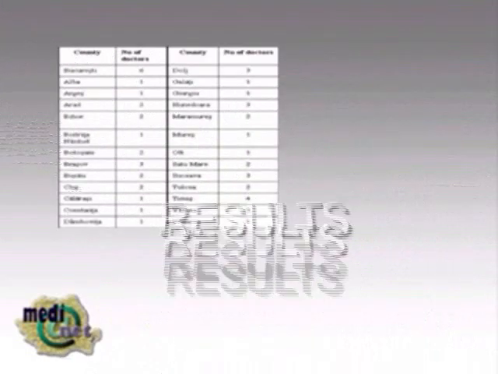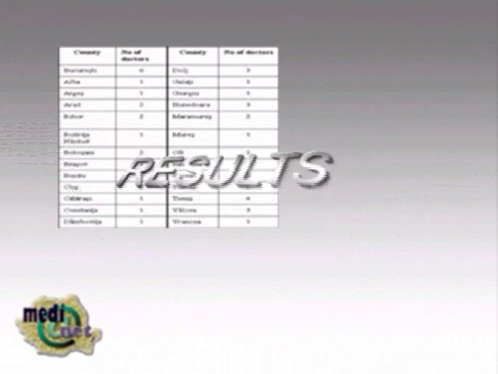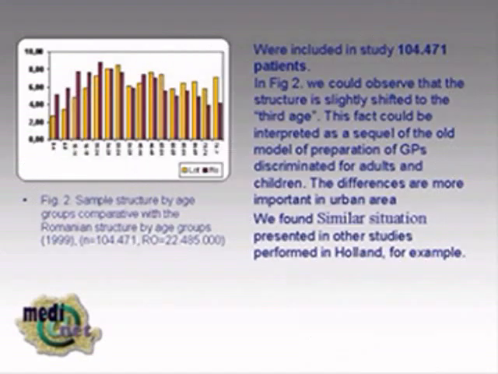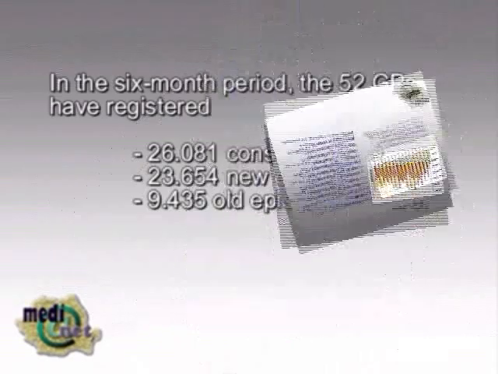As results, here you can see the distribution by counties of the GPs included in this statistical analysis. More than 100,000 patients were included in the study. In figure 2 we can observe that the structure is slightly shifted to the third age. This fact could be interpreted as a sequel of the old model of education of general practitioners, which discriminated between adults and children.